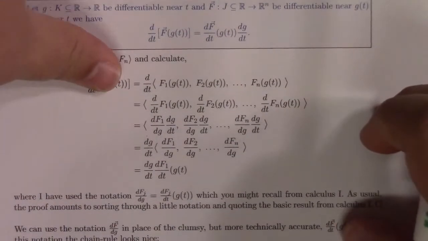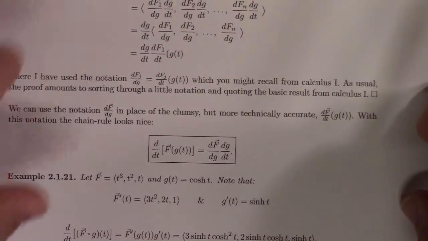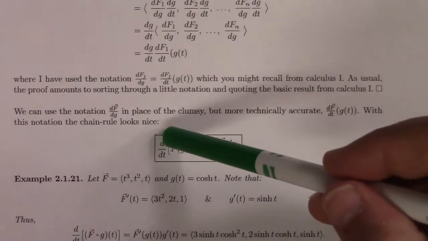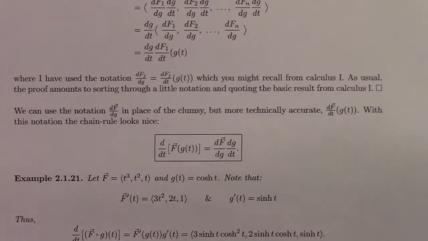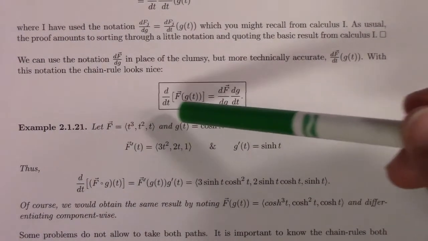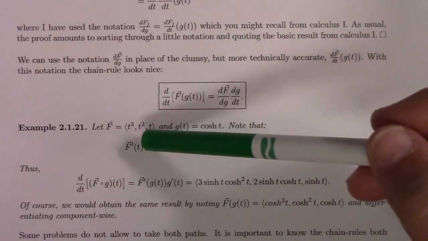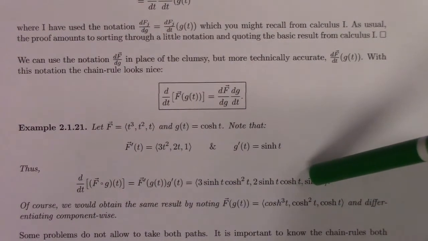Another notation: you could write d/dt of f of g of t is df/dg times dg/dt. Here's a specific example with f being that, g being that, and here's the derivative of the composite.